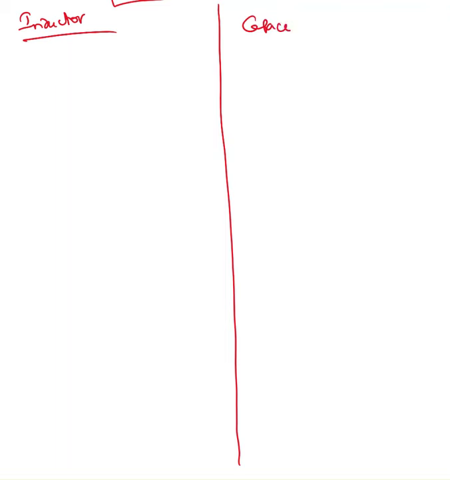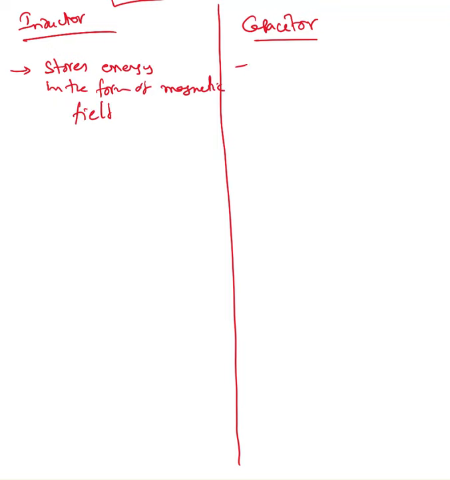Now in this video I'm going to compare capacitor and inductor. So here is inductor and here is capacitor. Okay, so they both store energy, but the inductor stores energy in the form of magnetic field, and the capacitor stores energy in the form of electric field.